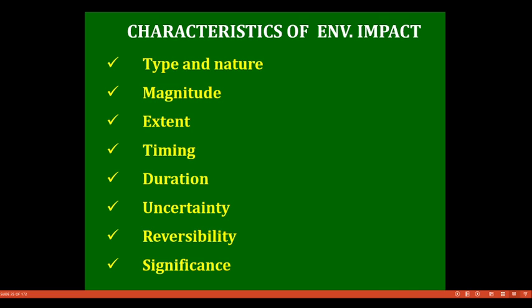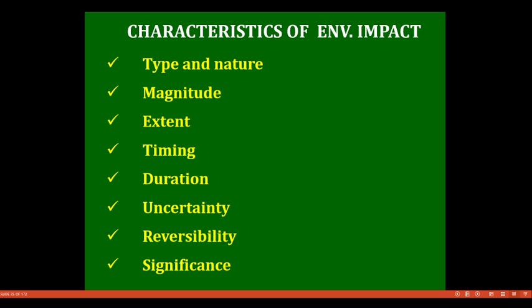But if you are disturbing the nest of a pair of endangered birds in that forest area, the impact may be small, but it will be very significant. The significance will be very high because the bird belongs to the endangered category. So if you destroy endangered, rare species, it will have high significance.